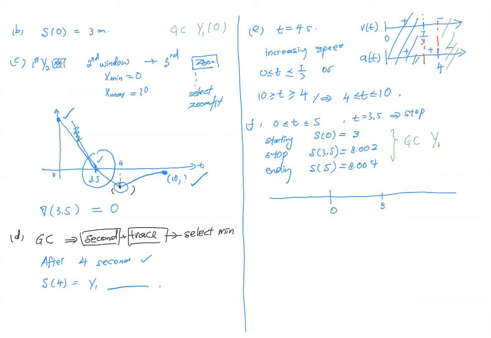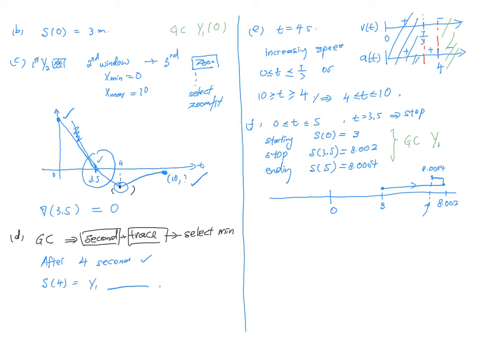Move to the right. At 8.002. Then after this, turn and reach here. Am I doing the right thing? 3.5, 8.02. Oh, this is one more 0. 8.0004. Yep. So this is a bit weird case, okay?